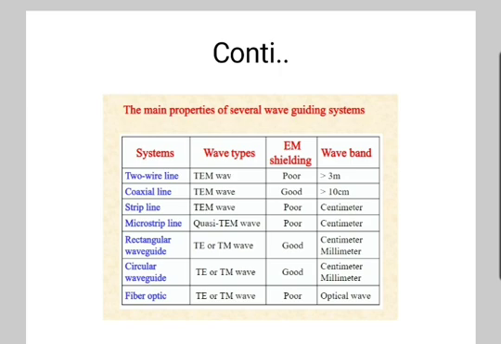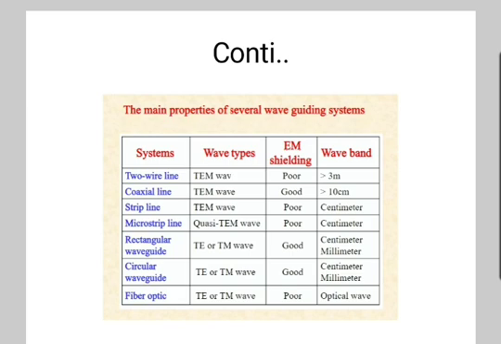For the two-wire line, coaxial and strip line, the wave type used is TEM wave, and the EM shielding for the two-wire line is poor. For coaxial it is good. Then the waveband is also given here.